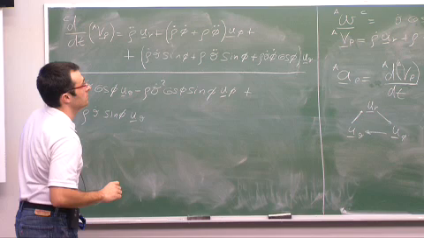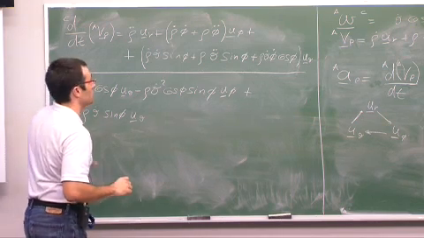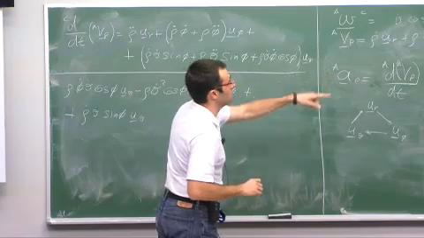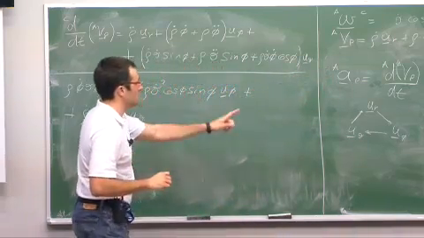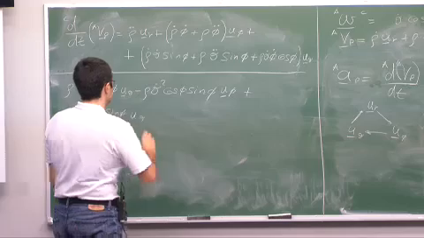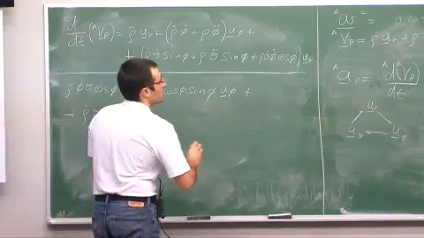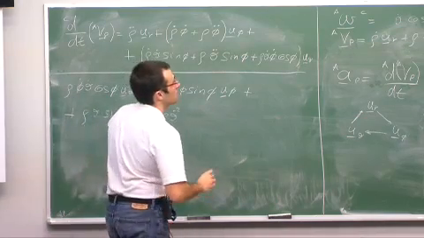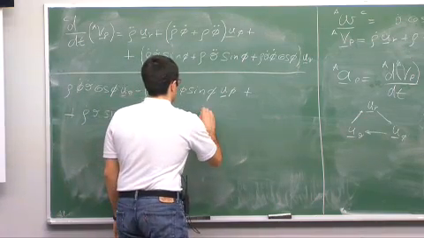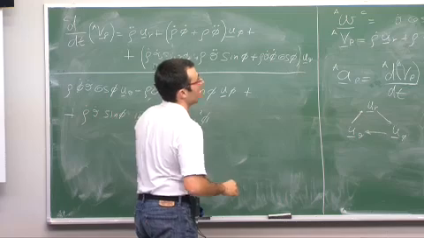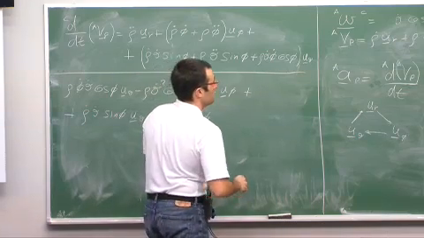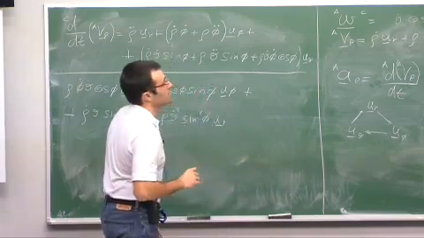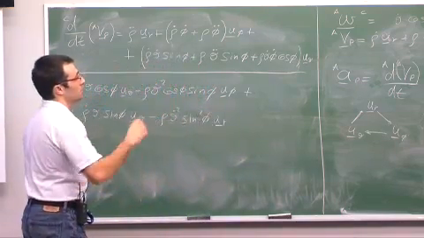Second one goes away. Third one, u phi cross with u theta. U phi cross with u theta is ur. So the minus actually stays there now. Minus rho theta dot squared sine squared of phi ur. Okay, so we're done with the second.